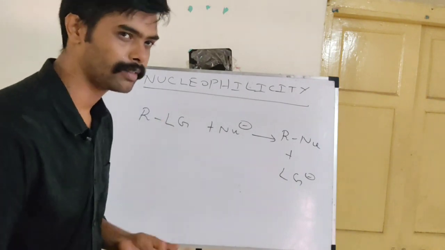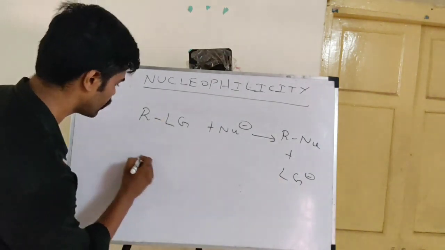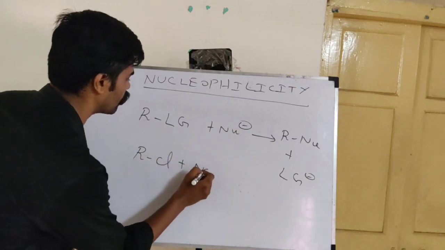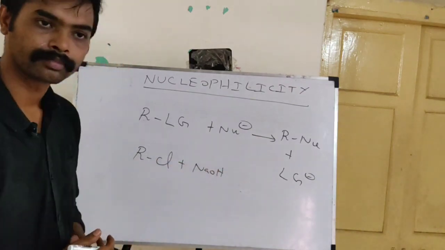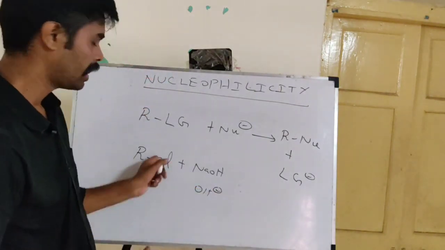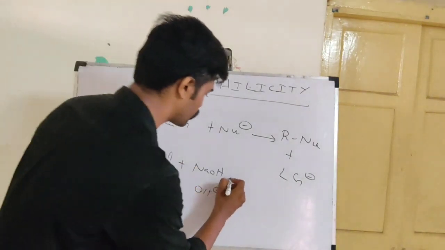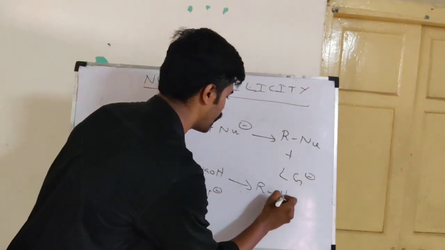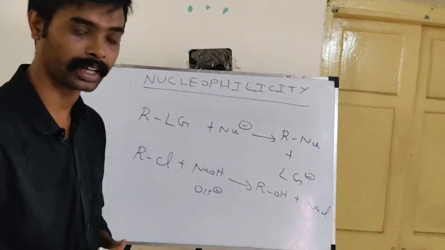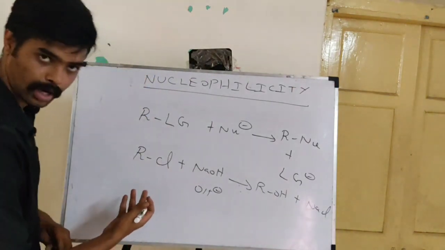Now let me give it some interesting facts. Say for example, I have RCl and I put NaOH. So you can understand that the incoming nucleophile is going to be OH minus, and Cl minus is going to get replaced with this. So I am going to have ROH plus NaCl, right? Now I will do one more thing.